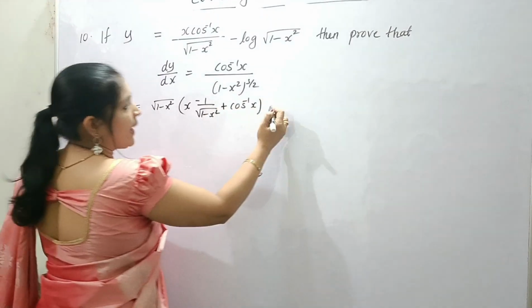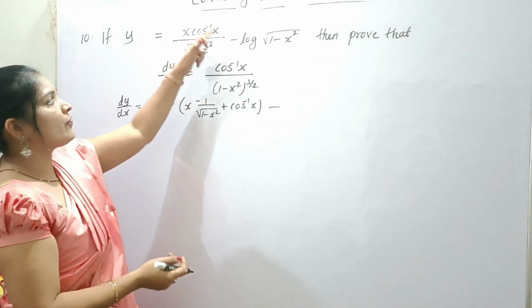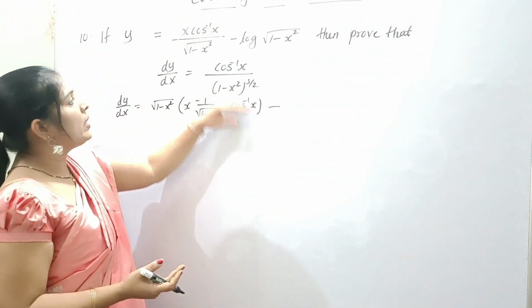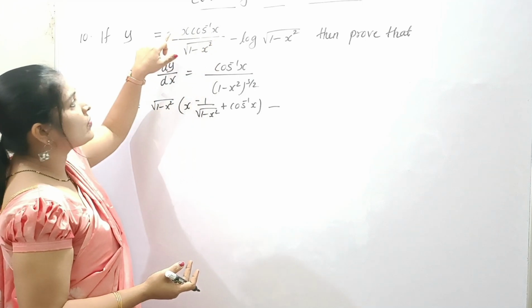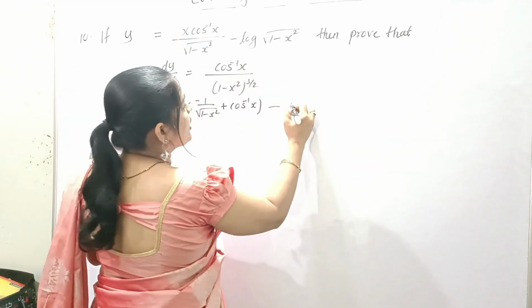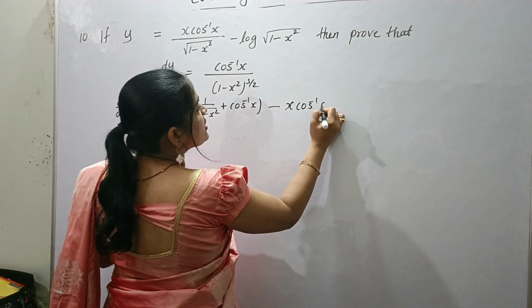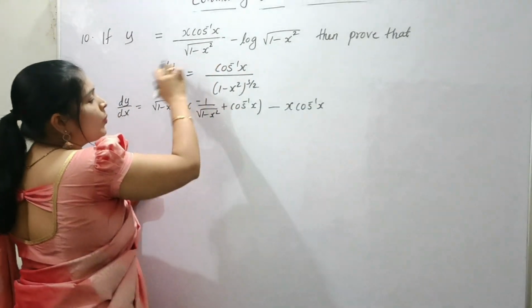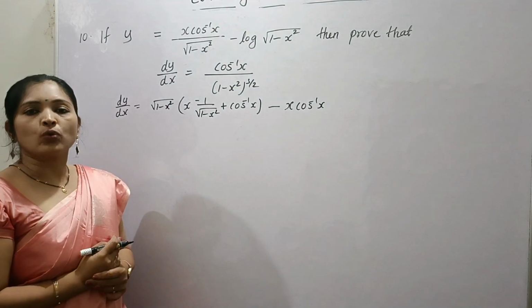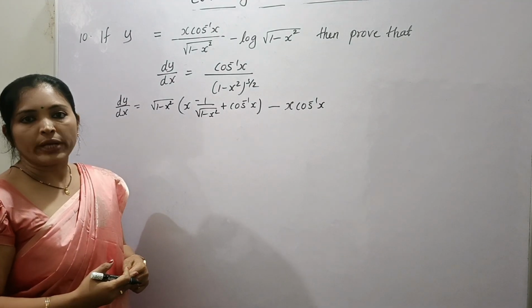Next, second term. Derivative of first term here, this one is nothing but that is quotient rule. Denominator into derivative of numerator, that is done. Next, numerator into x into cos inverse x into derivative of denominator. See, derivative of denominator, derivative of root x is 1 by 2 root x.